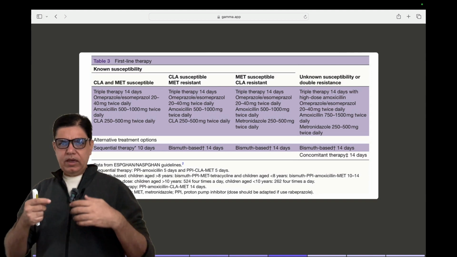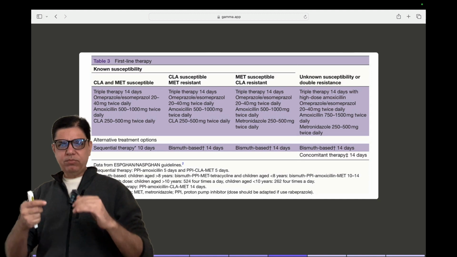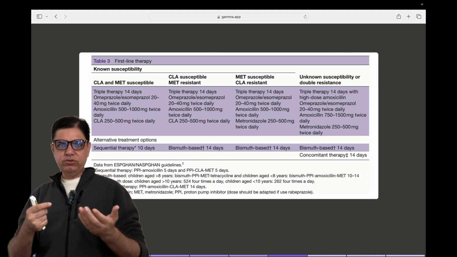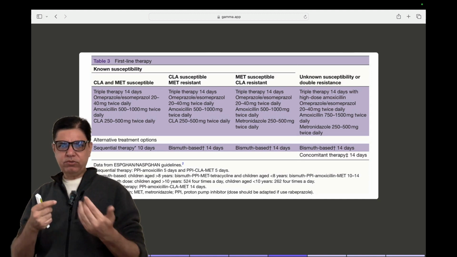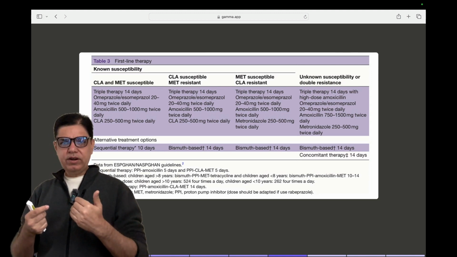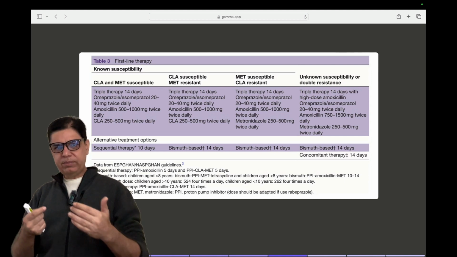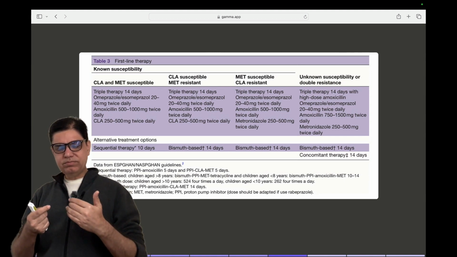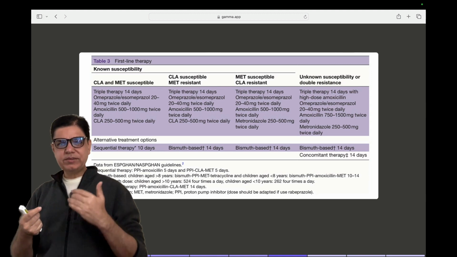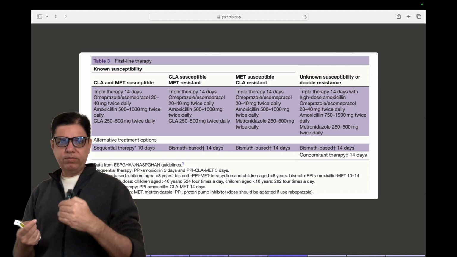So omeprazole would remain in the same dose, 20 to 40 milligram twice daily, but amoxicillin is increased. So instead of using 500 to 1000 milligram twice daily, you would up the dose to 750 to 1.5 gram twice daily. And metronidazole is used the same. So in that particular case, if the susceptibility is not known, it's better that you use metronidazole instead of clarithromycin.